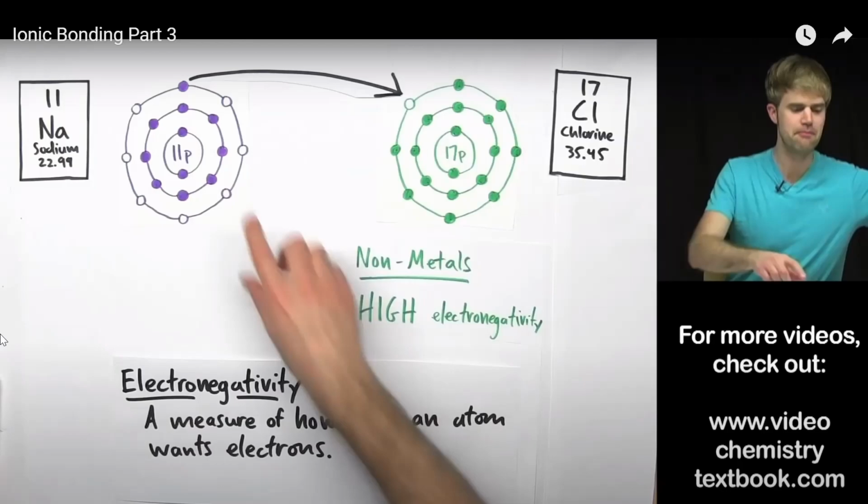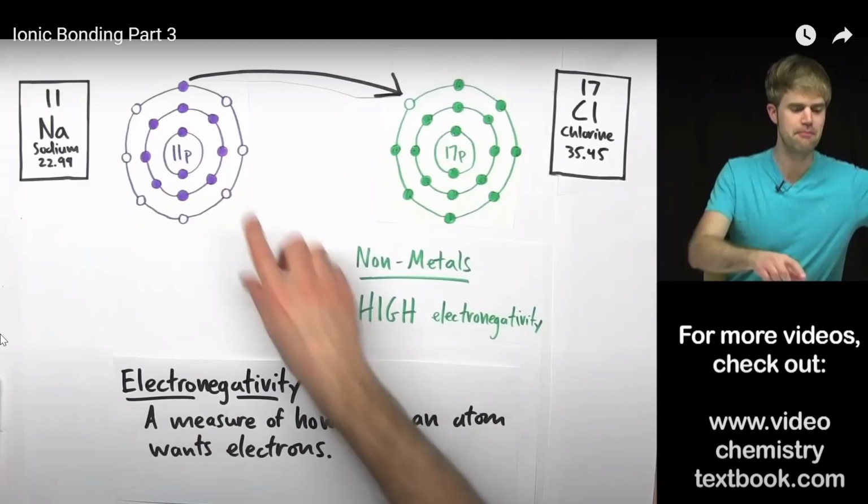Compare that with chlorine. How many protons are pulling in chlorine? This is sodium here. How many protons are pulling on the electrons in this outer shell? 17. So we have 17 protons pulling.